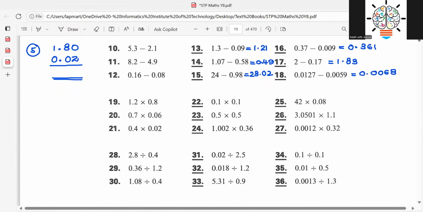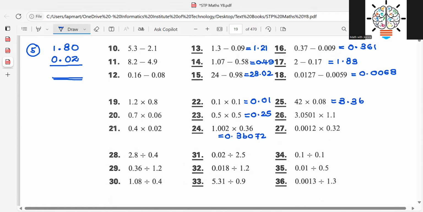Okay, so then we will move to multiplication. The multiplication is very easy. You have two decimal numbers to multiply, and here there should be two decimal places: 0.01, and this one will become 0.25. So then easily you can get these answers. The next one, 1.002 multiplied by 0.36, then the answer will be 0.36072. Then 42 multiplied by 0.08, this is 3.36.